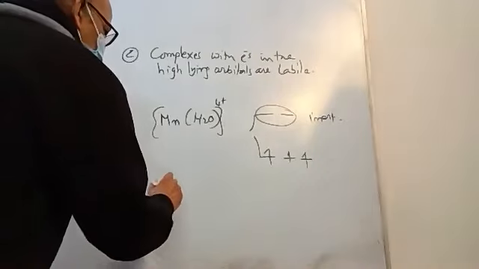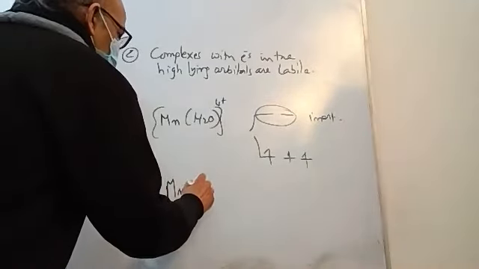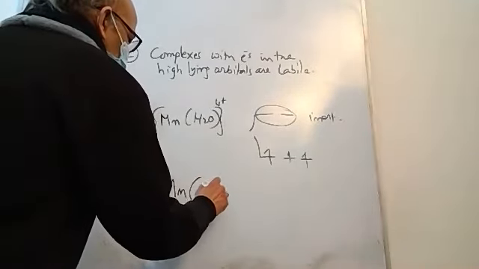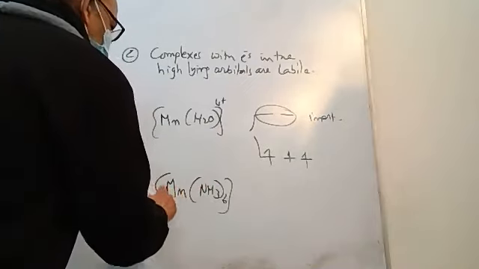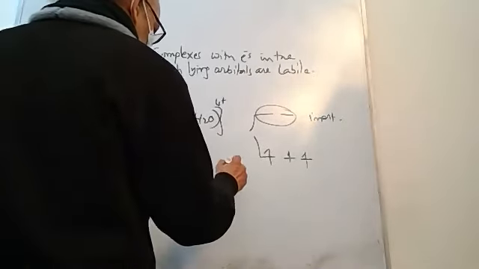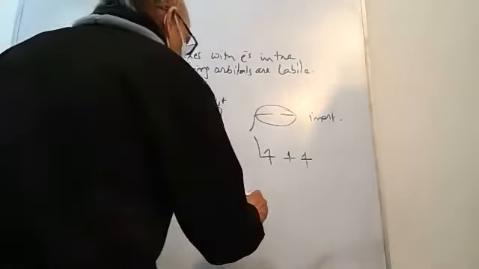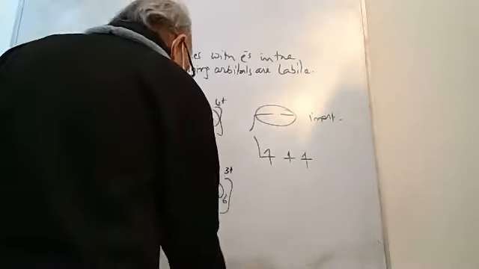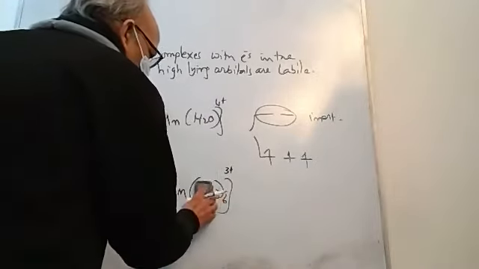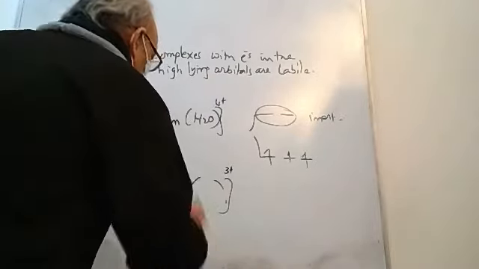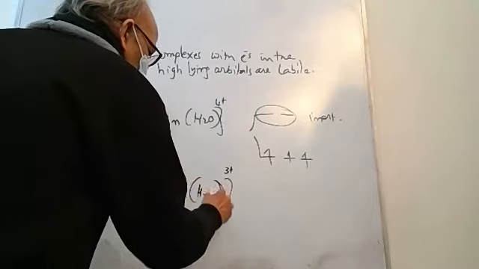Let me give you another example. Let's say I have Mn NH3 6, which is a strong field ligand, I'm sorry, with a 3+. Again, we'll just keep the same, not ammonia, strike that out, we put water because we want to compare both of them.